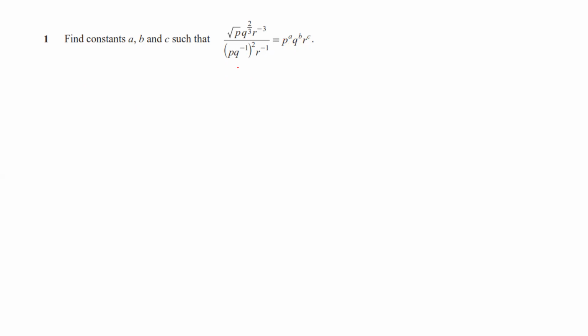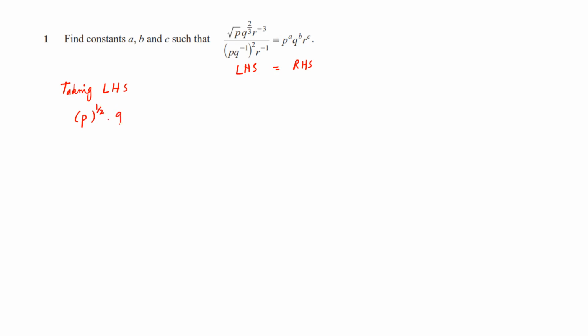Let's say this is your left-hand side of the equation and this is your right-hand side. Taking the left-hand side, we have P power 1 by 2, since the square root of P is P power 1 by 2.